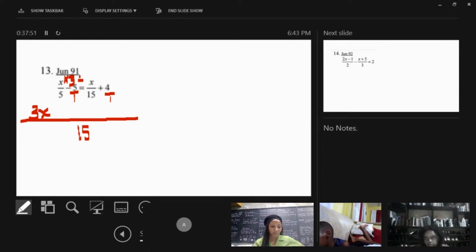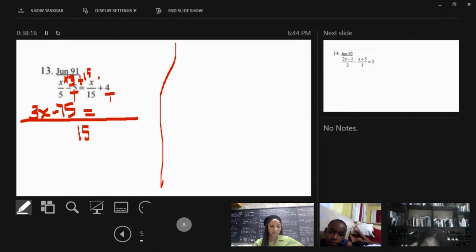So 5 times 15 is 75, so minus 75 equals, hold on, this mouse is giving me problems. Equals, 15 into itself goes 1 time. So x times 1 is x, or 1x. And 1 into 15 goes 15 times. So 4 times 15 is 60. So plus 60.